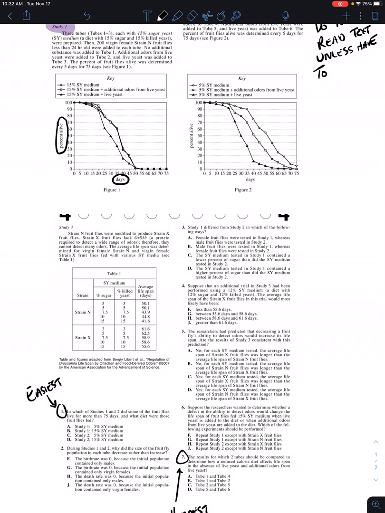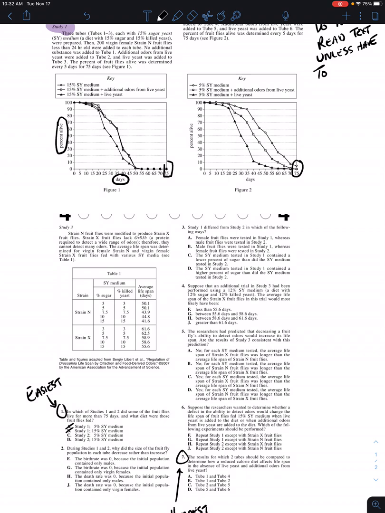If we look down here at the percent alive at day 75, we don't have anything alive there. So currently there's nothing alive in study 1, so we know that study 1 is not going to be an option. Study 2 is. You can tell right here that something is alive in study 2.